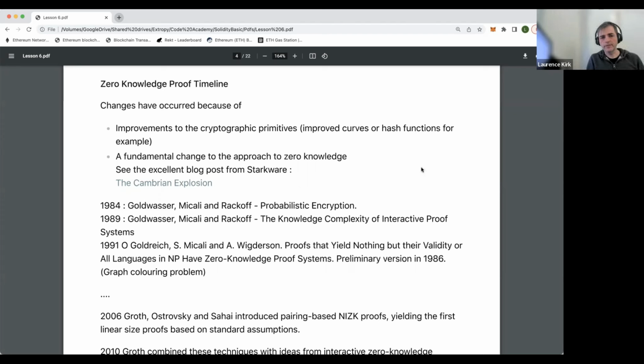So one of the authors, Silvio Micali, he has carried on in the blockchain space. In fact, all of them have carried on in this space, but Silvio Micali is the founder of Algorand as well. So he's sort of carried on with his cryptography in that area.